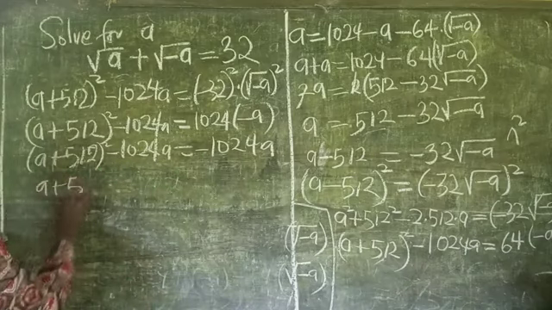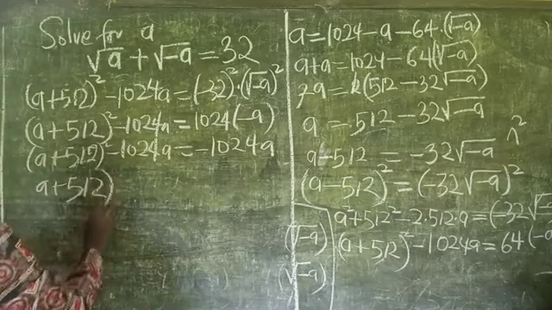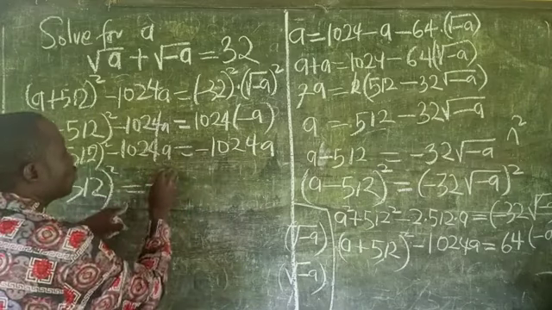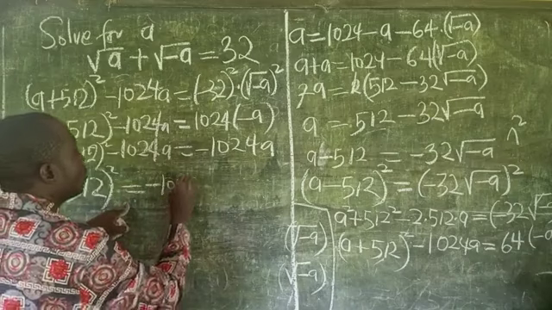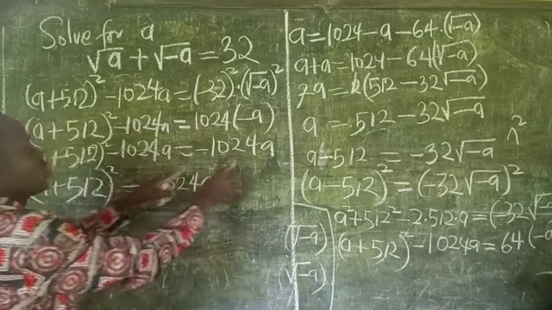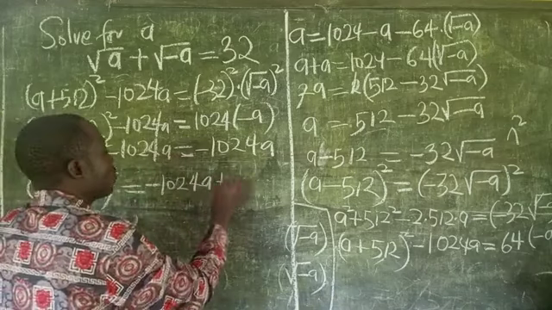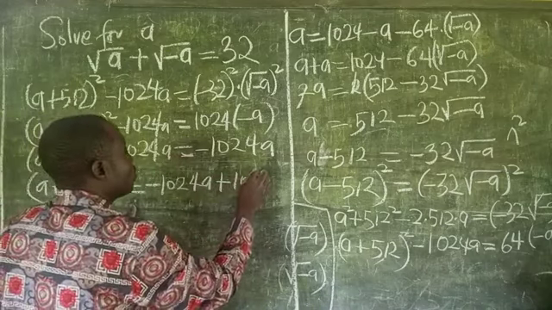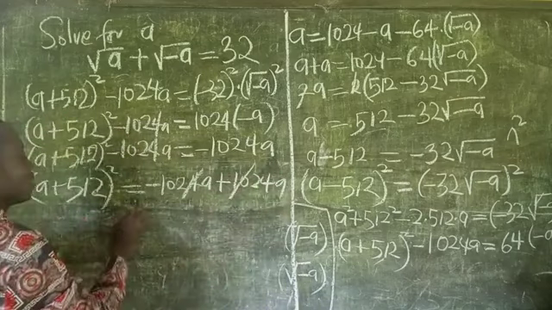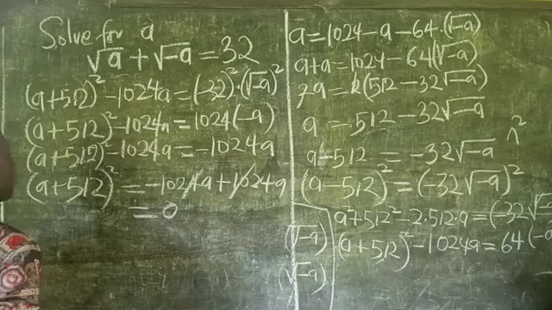When minus 1024a crosses the equal sign to this side, it becomes plus 1024a, and these definitely cancel out to zero.